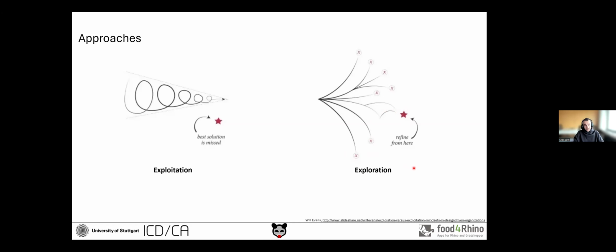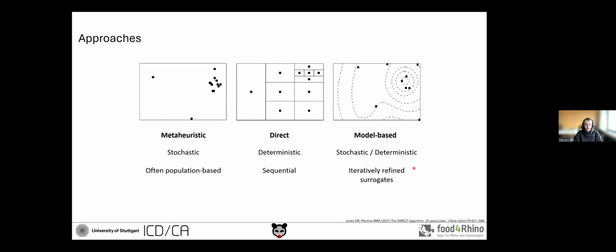And there are different approaches in doing this. So the three most basic, and I'm sorry if this is a little too naive for some of you, but basically we can look at three different model classes or algorithm classes: meta-heuristics, direct search, and model-based optimization algorithms.